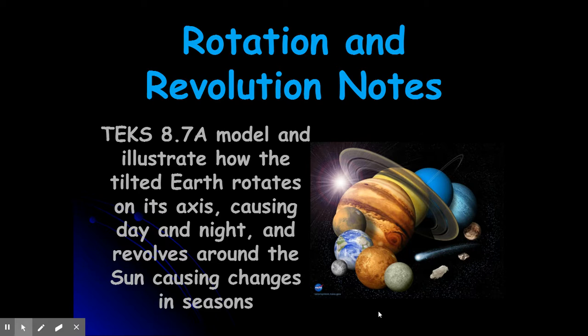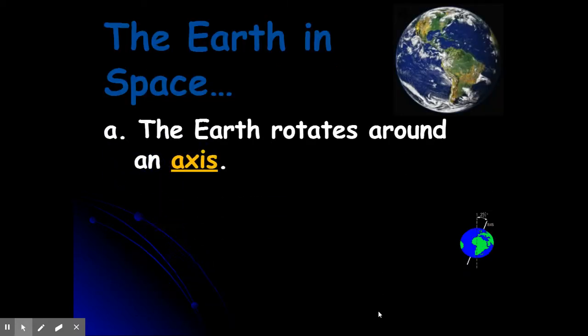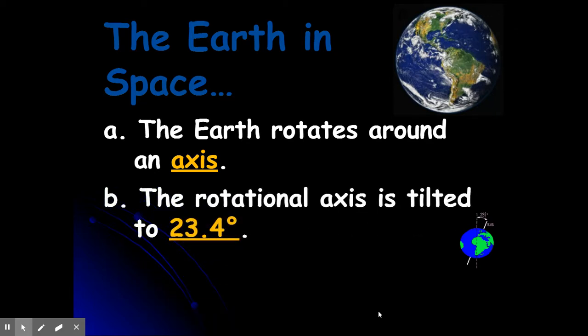on Earth. So, first thing we want to talk about is that the Earth rotates around the axis. Now, the axis is an imaginary line. There is no pole that is going through the Earth. So when we refer to things like the North Pole or the South Pole, there is not an actual pole sitting at the North and South Pole.